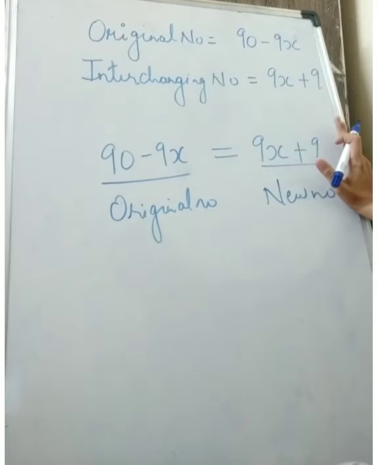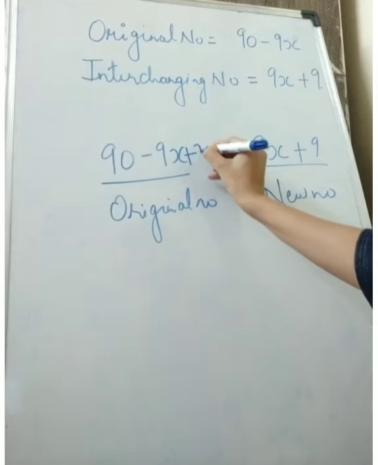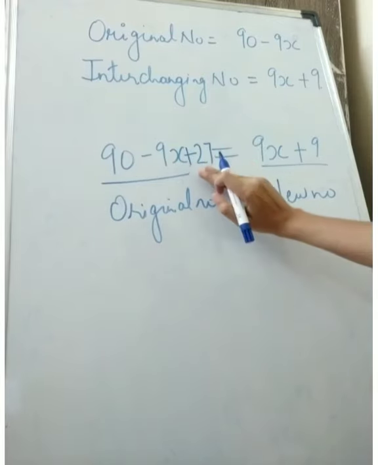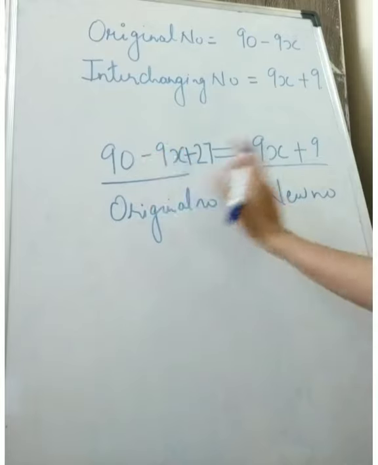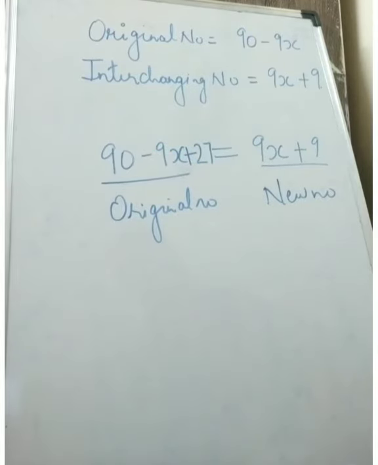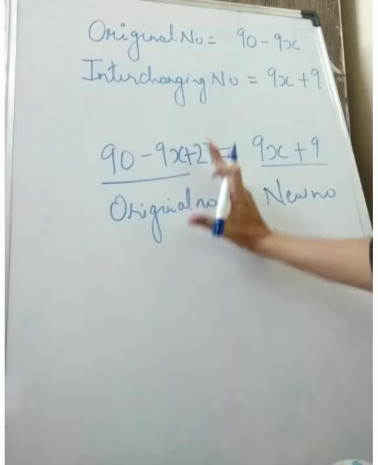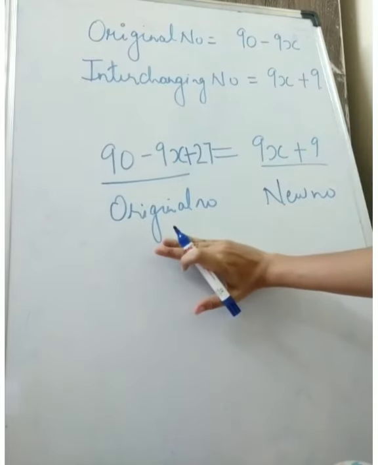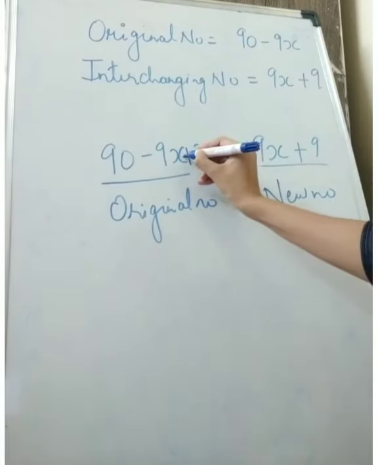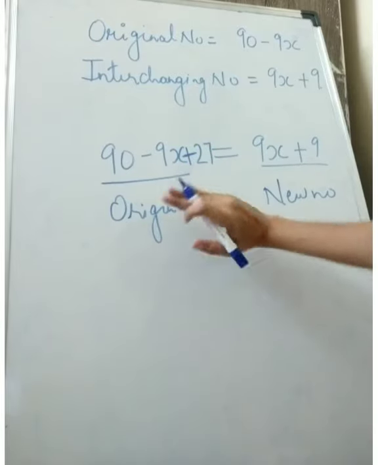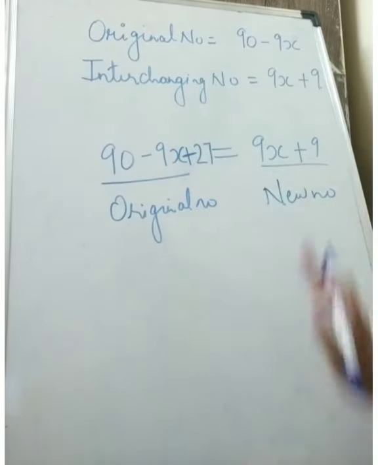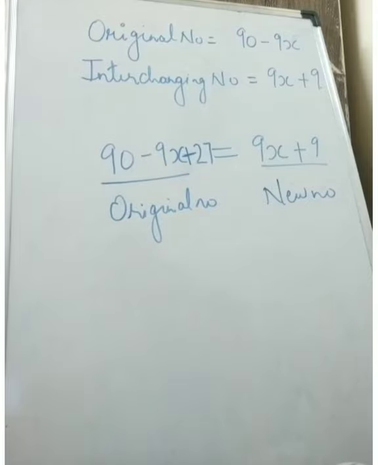This number is already 27 greater, so I will add 27 over here. If I add 27 over here, now this will be balanced, because it is already given that the new number is greater than the original number by 27. That means we know the original number is 27 less. That is why I will add plus 27 to the original number so that it will be balanced. I hope it is clear.